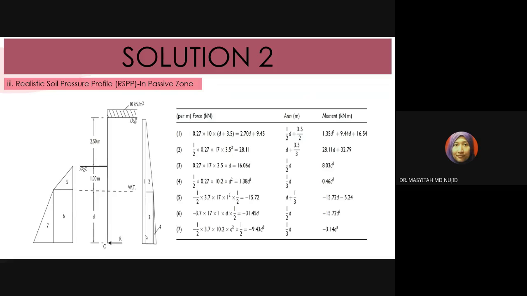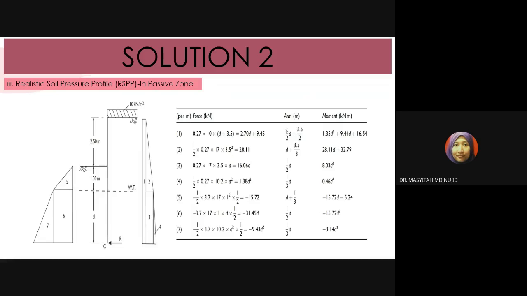For example, here, pressure diagram 1 is a rectangle. So the pressure is Ka times the effective overburden pressure due to the surcharge of 10 kPa, times the height of the retained soil. So the force for pressure diagram 1 is 0.27, which is Ka, times 10, the effective overburden pressure, times D plus 3.5.